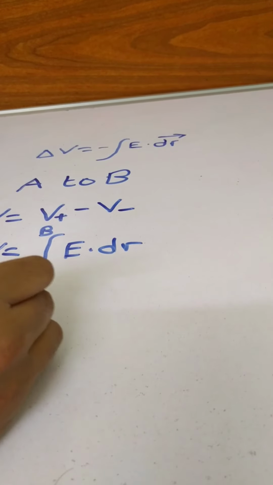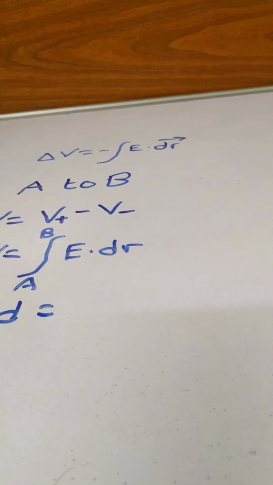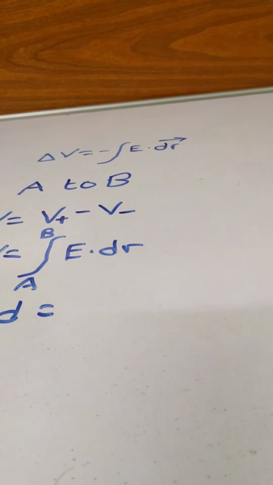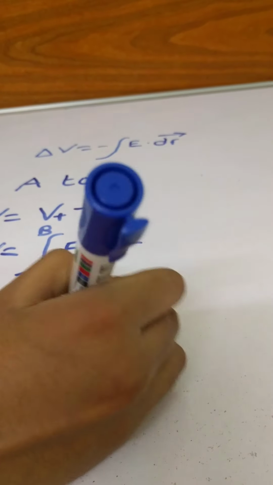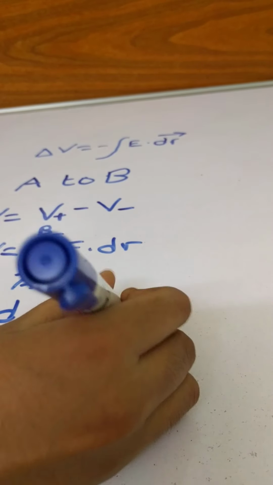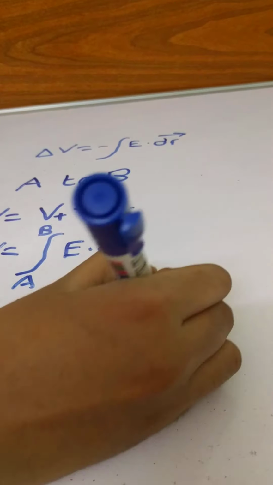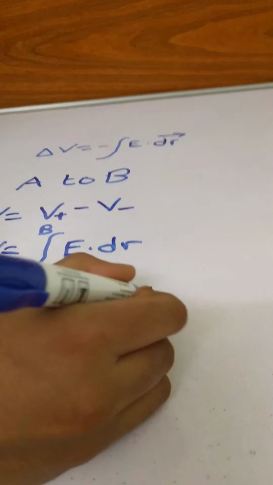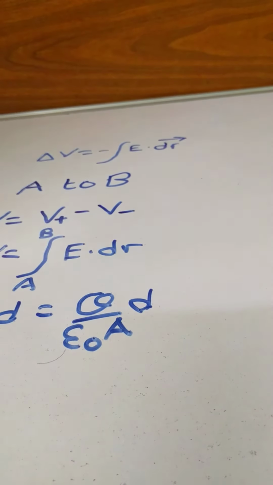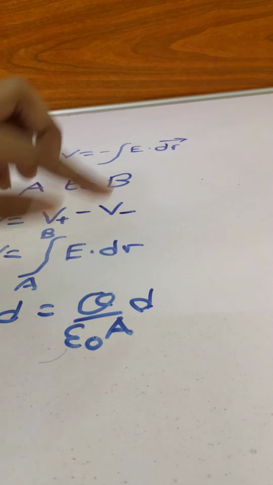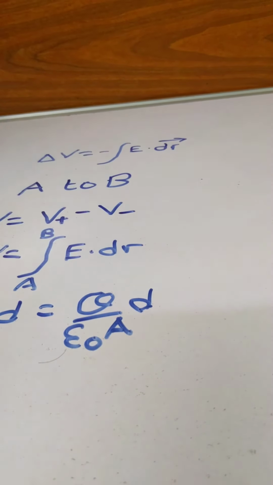So E D equal to, in the above form we got E as Q by epsilon naught A, into D. Now you may be saying this is dr and this is D. Integration means adding small parts and making a full part. I'm adding small dr which makes D.